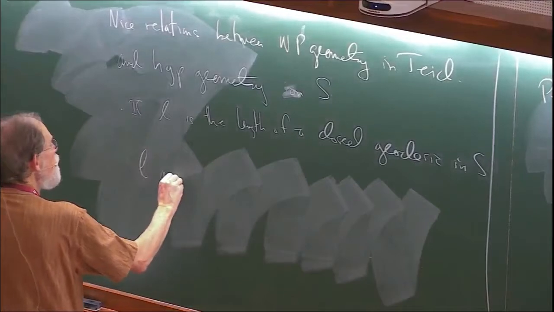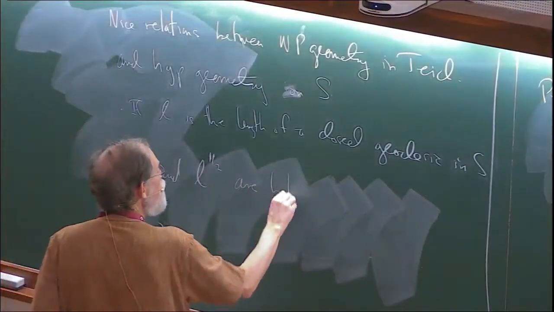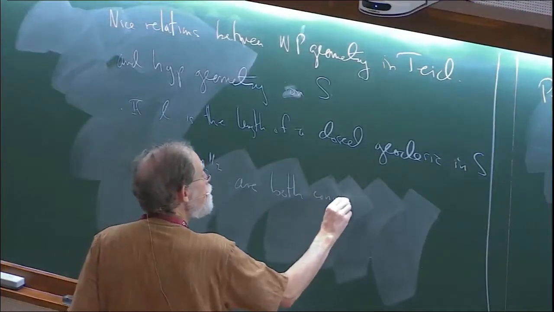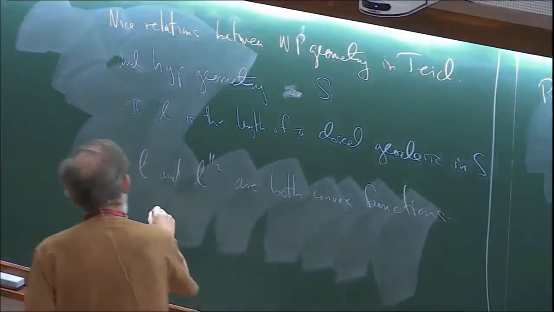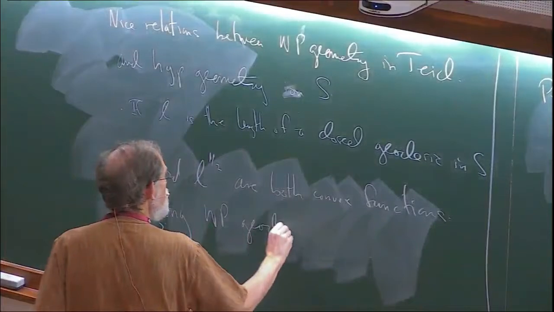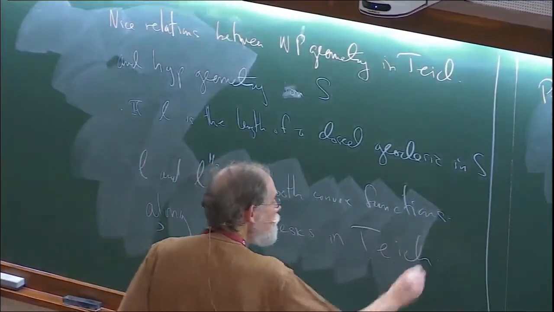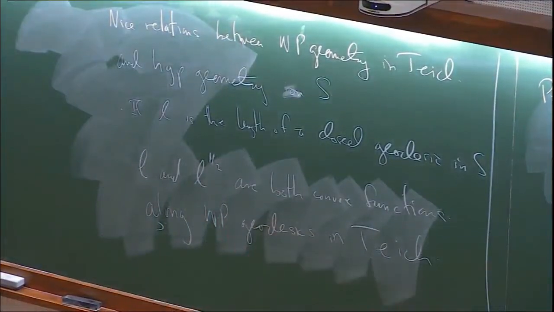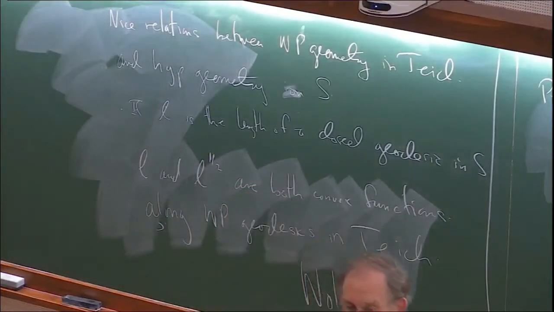Then L and L to the 1/2 are both convex functions along Weil Petersson geodesics in Teichmüller space. I believe this is a result of Wolpert. I hope you're noticing that the name Wolpert keeps going up on the board.